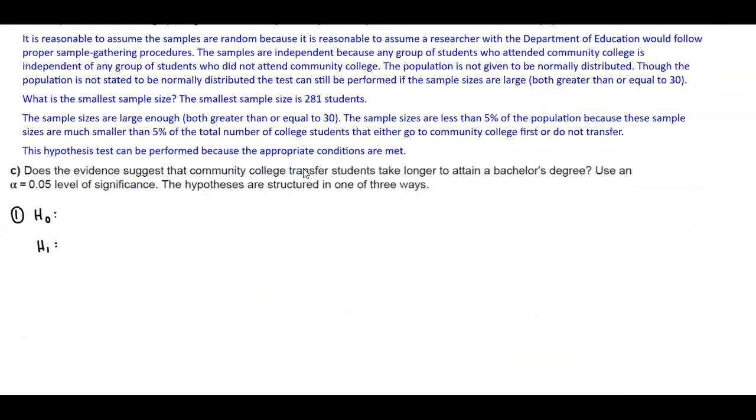So we can say that the mean for the community college is going to be greater than the mean for no transfer. And therefore, the null would be that the population mean of the community college equals the population mean of no transfer.